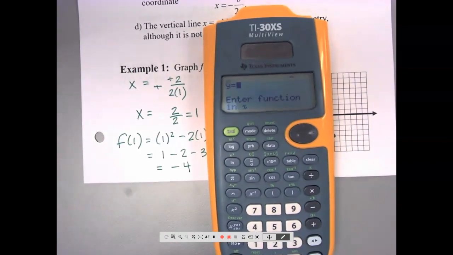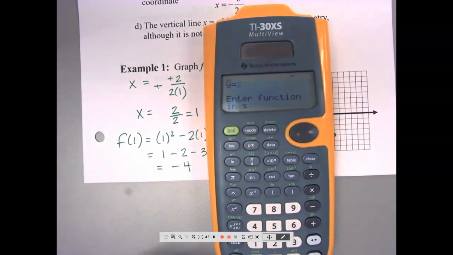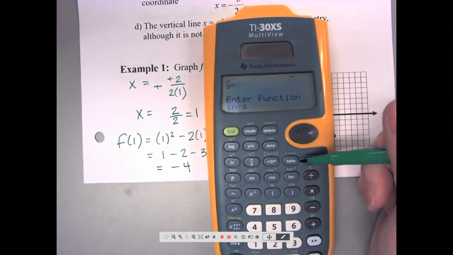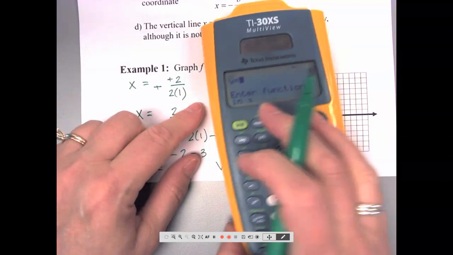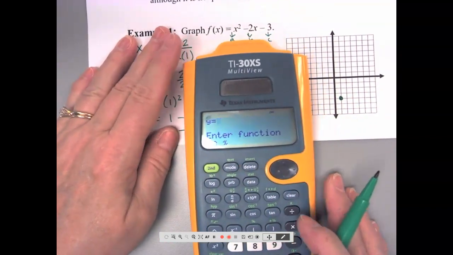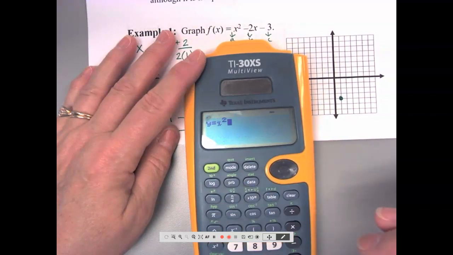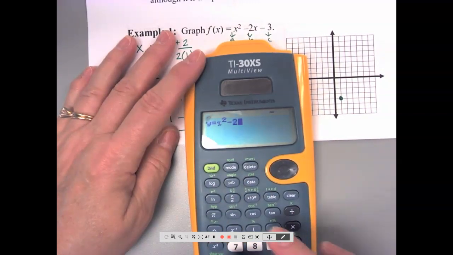Everybody grab a calculator, whatever kind you want to use. Small or graphing, doesn't matter. I'll show you how to get the ordered pairs either way. Okay, so if we're using this small calculator, we're going to go to table and type in our function, x squared minus 2x minus 3.